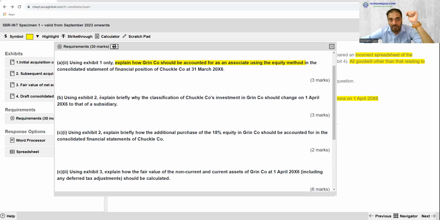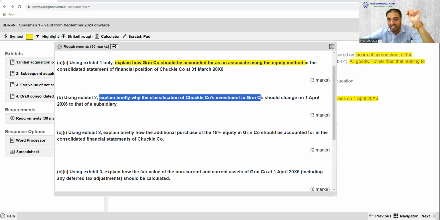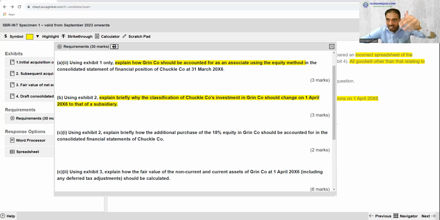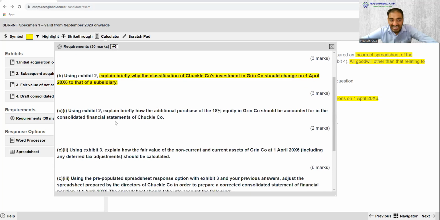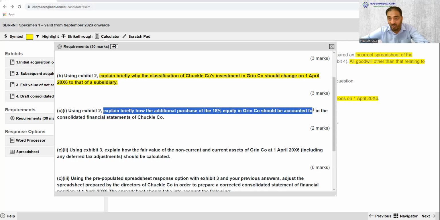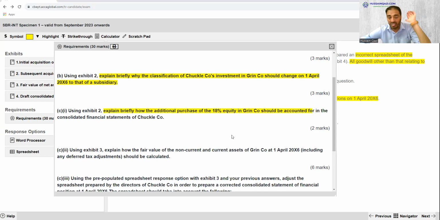B, exhibit 2, explain briefly why the classification of Chuckle's investment in GRIN should change on 1st April to that of subsidiary. So with the additional investment, why need to shift from associate to subsidiary? C1, using exhibit 2, explain briefly how the additional purchase of 18% should be accounted for in the consolidated balance sheet.